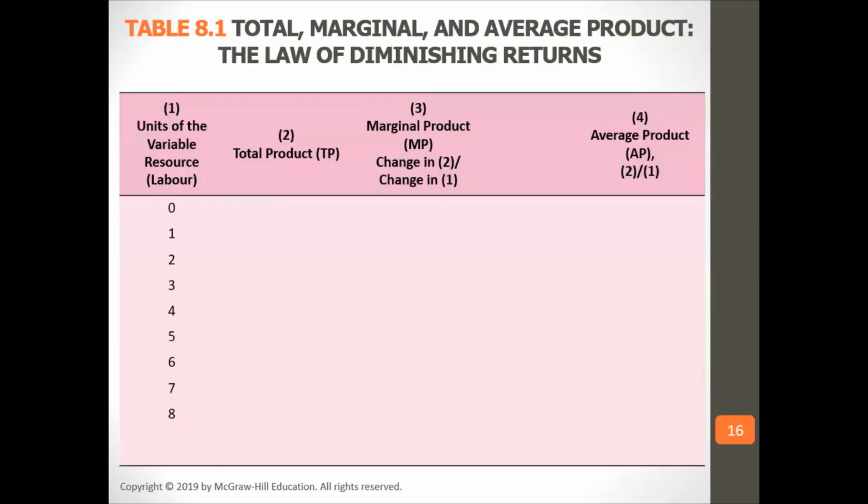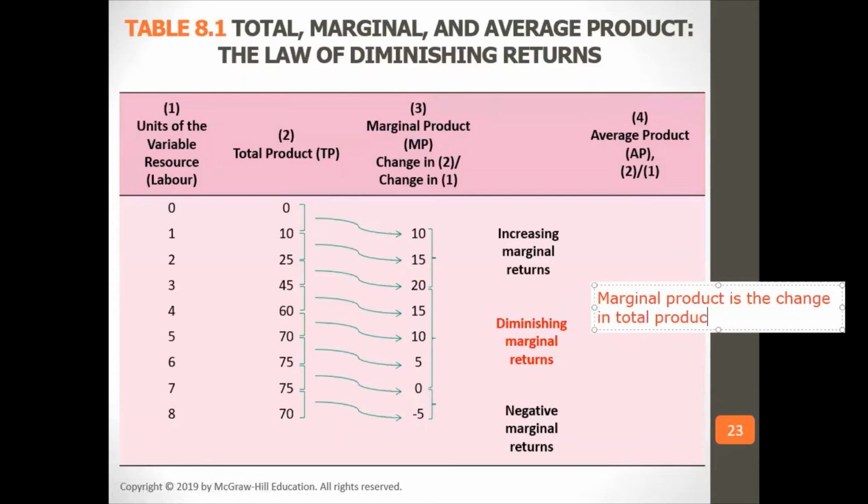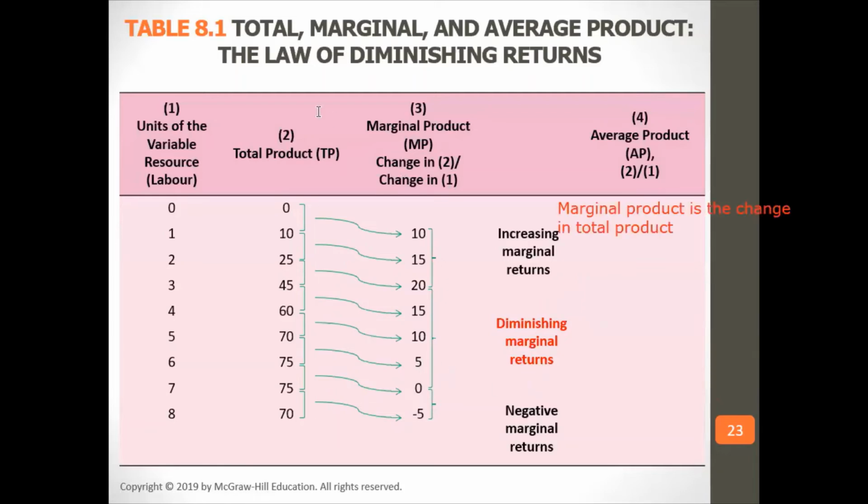So in that case, it's basically the increase in total product. So marginal product is the change in total product. And you want to be where total product is maximized, where marginal product is equal to 0.